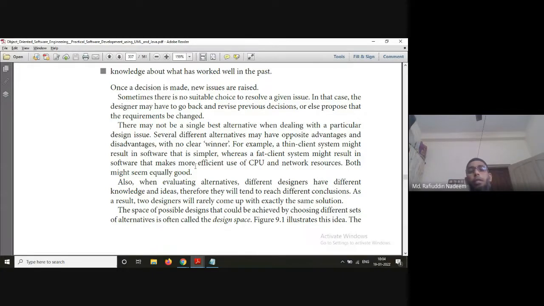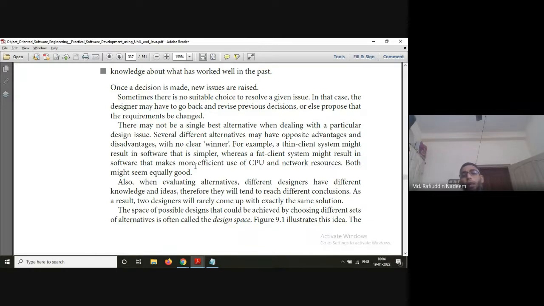In that case, the designer may go back to revise the previous decision. Sometimes, when new issues have been raised, you need to go back and revise your previous decision, or else propose the requirements to be changed. So you need to ask for the change in the requirements, or revise the decisions because the new issues have been raised.